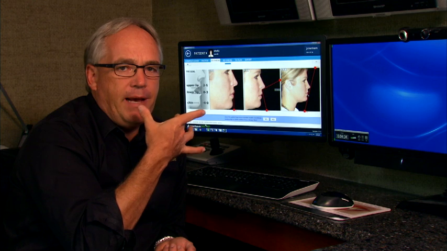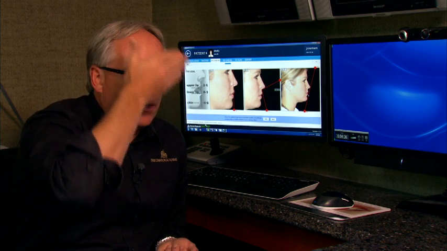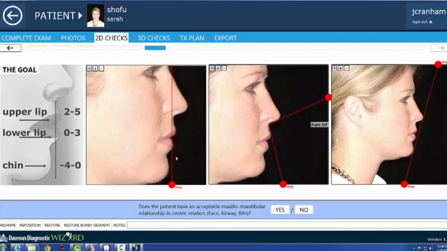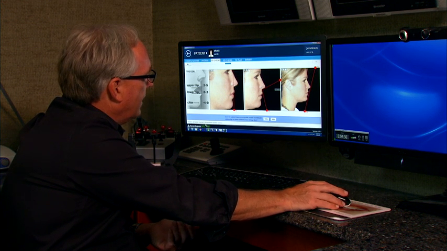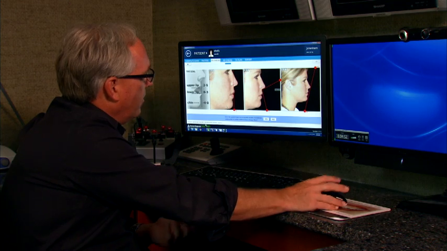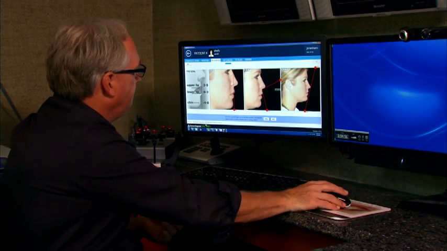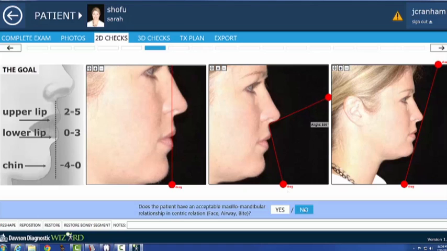If the chin is way back, you'll start noticing very convex facial profiles. Similarly, with a class 2 patient, you'll see the chin far away from the true vertical line and the lip way back. So we start recognizing patterns real quickly when the skeletal components aren't ideal. But that's how we're using these facial pictures.